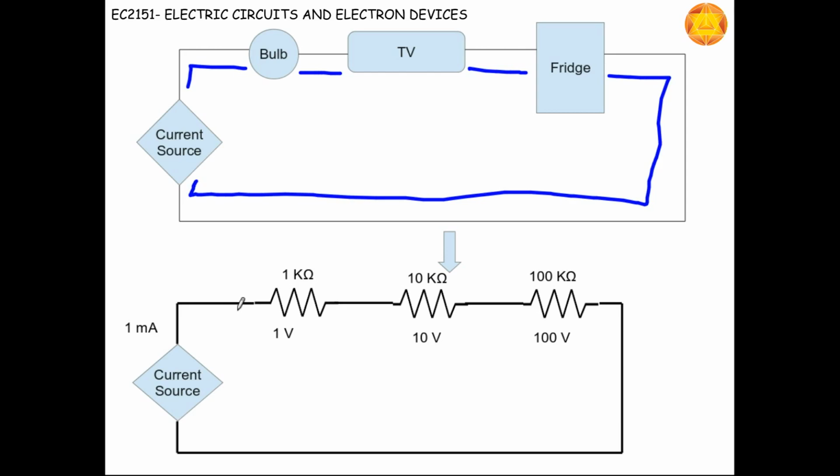This is Ohm's law, V equals I into R. I equals 1 milliamp, R is 1 kilo ohm, so kilo and milli will cancel and we'll have 1 volt. Similarly this will be 10 volts, and this will be 100 volts.